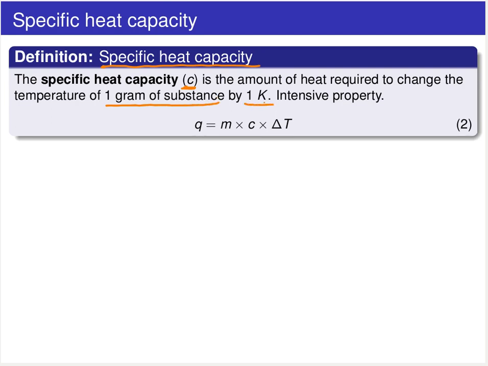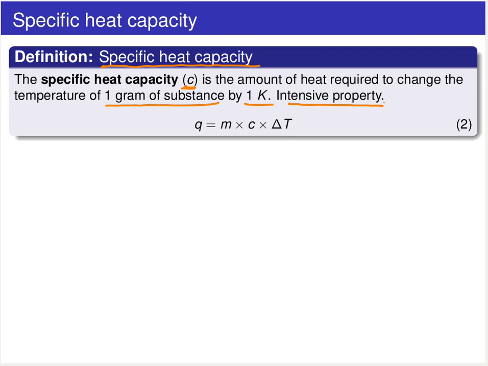So not just to change the temperature by 1 Kelvin, but to change the temperature of a fixed amount, 1 gram of the substance. By nailing down the amount, we have effectively formed an intensive property that will be a fundamental characteristic of a given material in question, right?